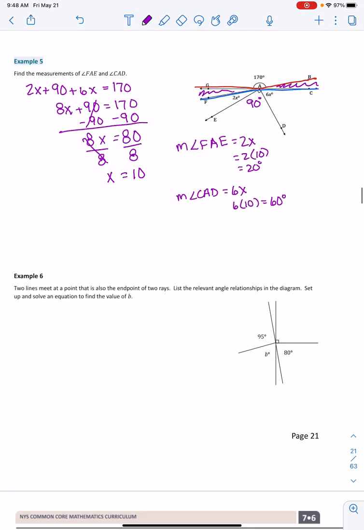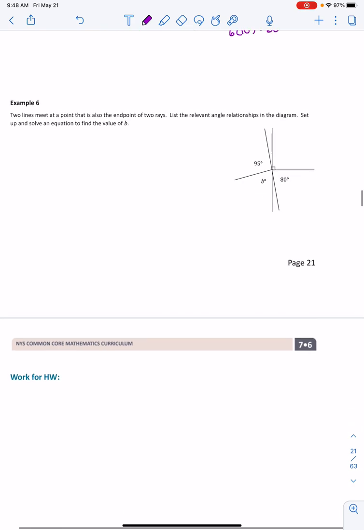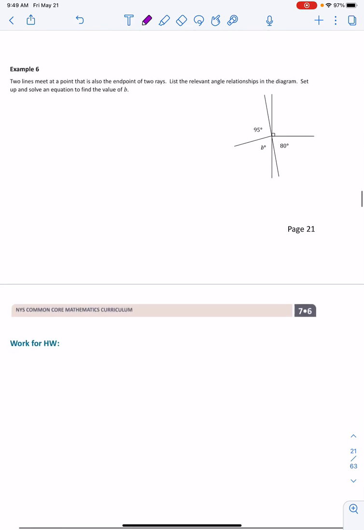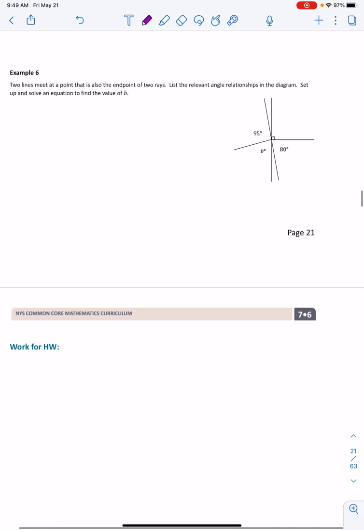Our next example is one that is the same thing. It says list the relevant angle relationships in the diagram. To list this, these are vertical angles, and they are equal.